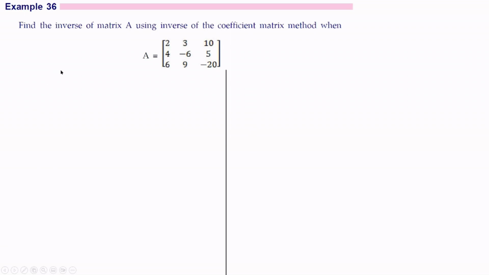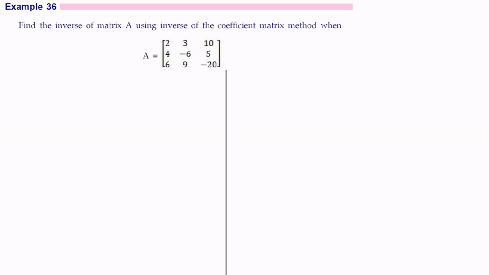Now let us find the inverse of this matrix A using the inverse of the coefficient matrix method. Find the inverse of A when A equals 2, 3, 10, 4, minus 6, 5, 6, 9 and minus 20.